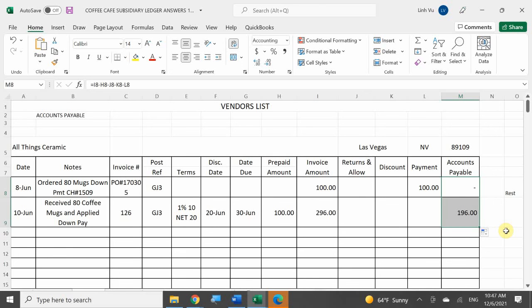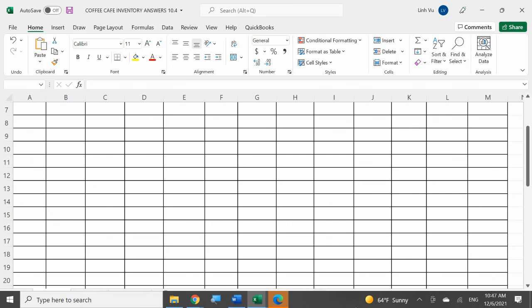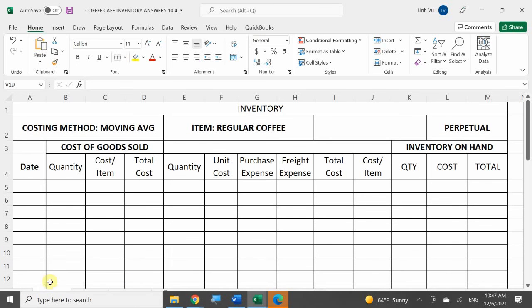Now, last but not least, we purchased inventory. So, therefore, we are now going to be introducing you to a new worksheet called the inventory worksheet. In this case, we have periodic inventory.